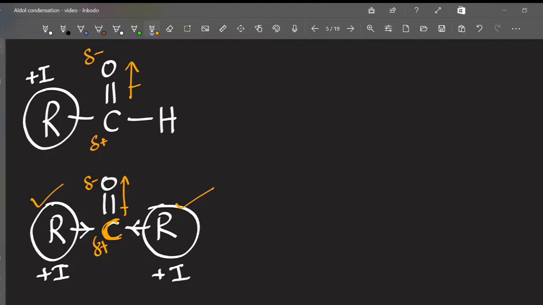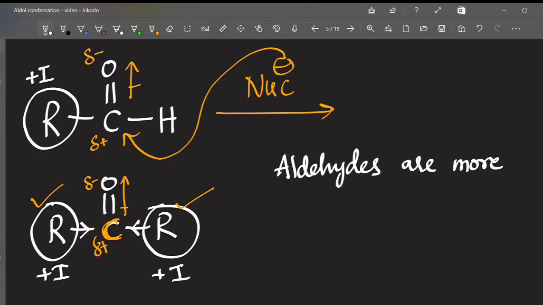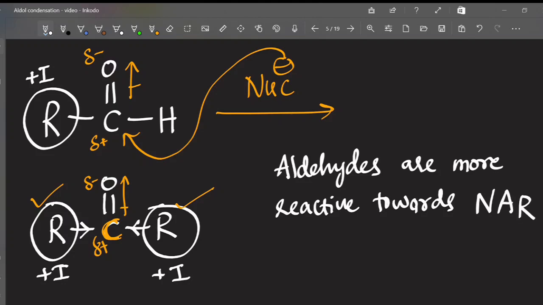Hence the nucleophilic attack takes place easily at the carbonyl of the aldehyde, which means aldehydes are more reactive towards nucleophilic addition reactions. Very important point. We are going to use this point in the reactions.